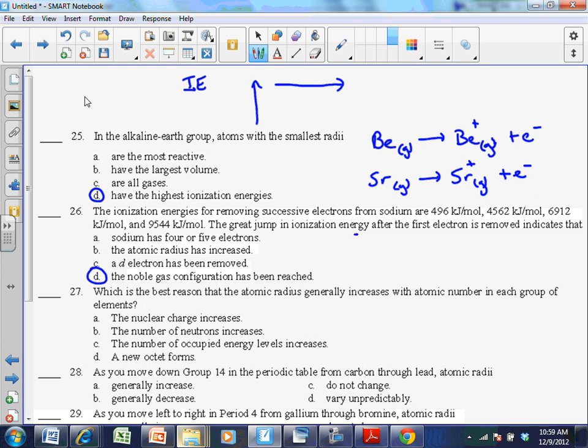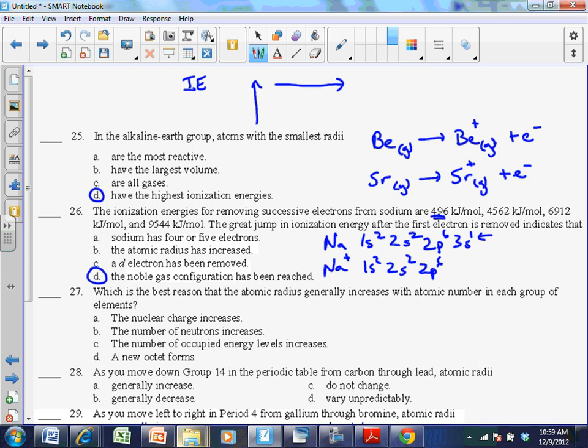So remember, sodium is 1s2, 2s2, 2p6, 3s1. The first electron doesn't take much. I have to put in 496 kilojoules to take this 3s electron away from sodium and make it Na+. It's not a lot of energy that I have to put in.